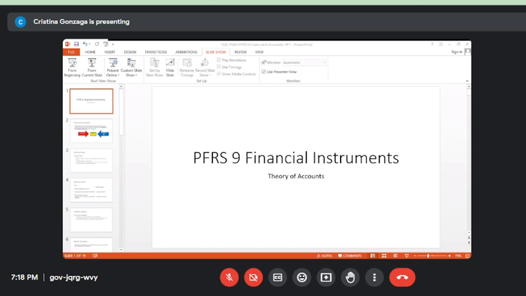Ngayon, sabi natin, if we are going to compare the classification of financial assets under PFRS with that of the old PAS 39, it is much easier now kasi kung ano yung classification, yun din ang measurement. If you notice, the classification of the financial asset is also its measurement.